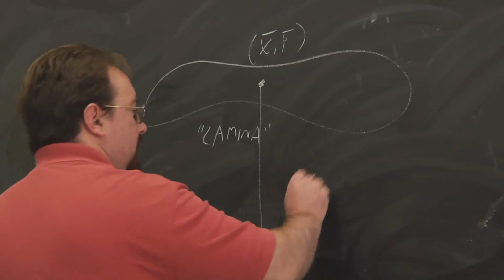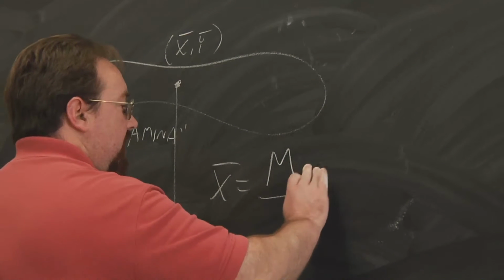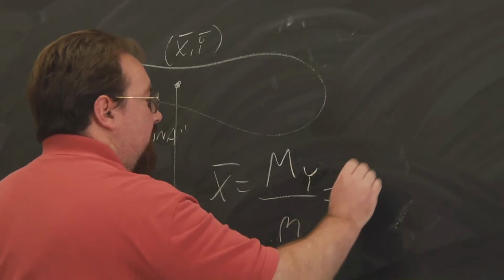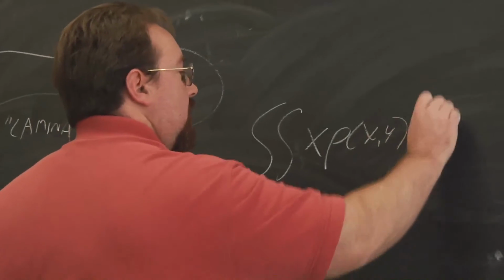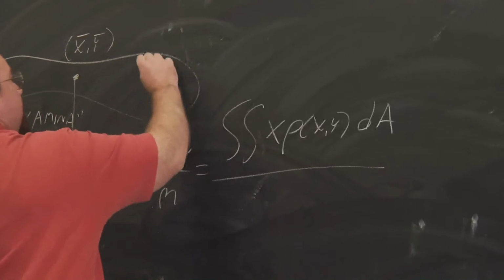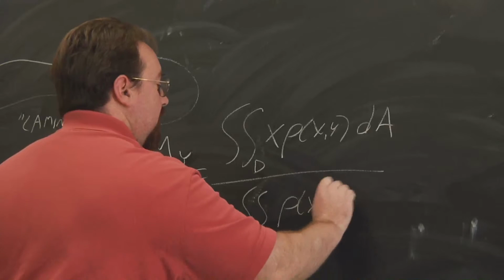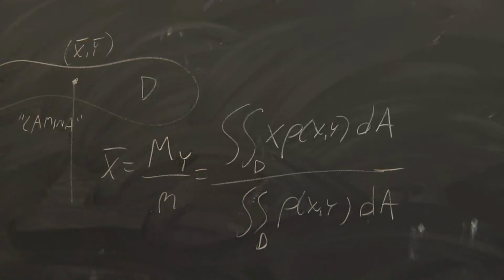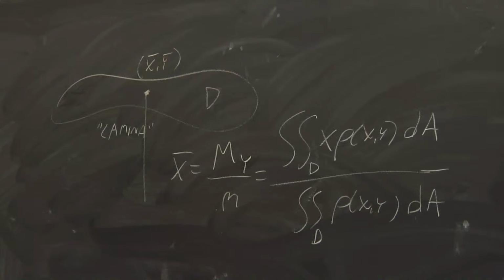So that would be the moment around the y-axis. So there'd be double integrals involved. Let's call this lamina D. So again, you're integrating x times the density over the integral of the density. So this is a two-dimensional analog of what I just talked about for the center of mass. So it's the same idea here in 2 dimensions.